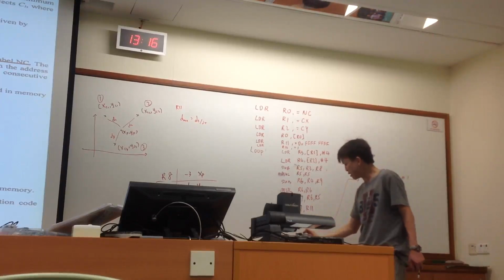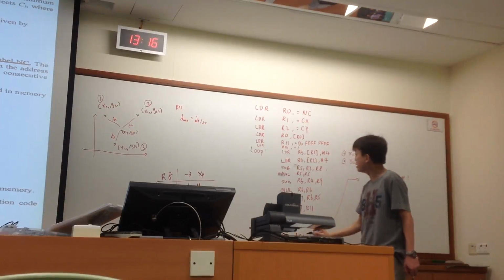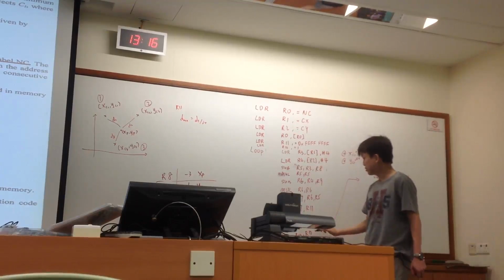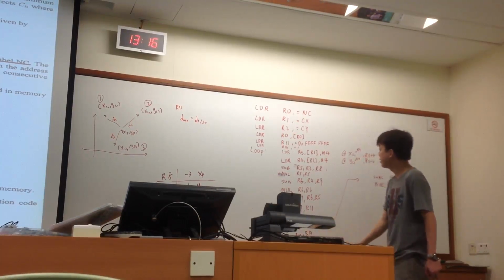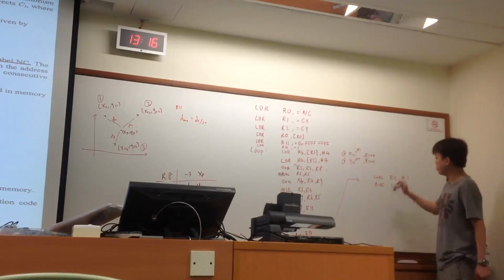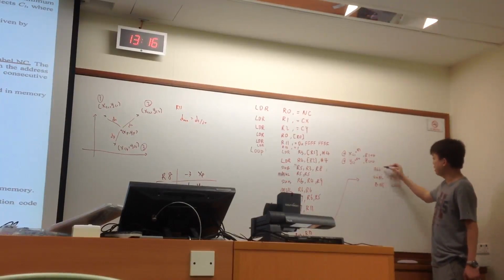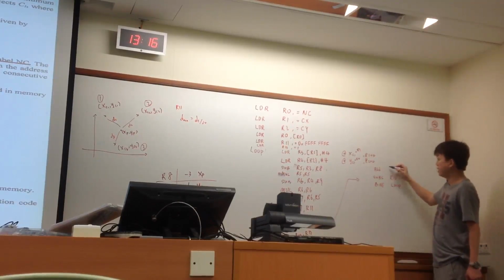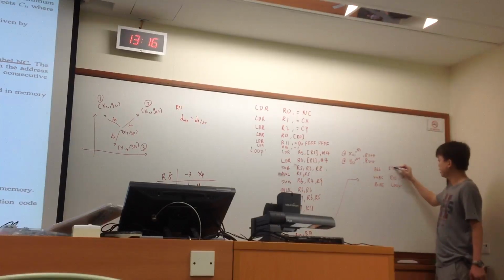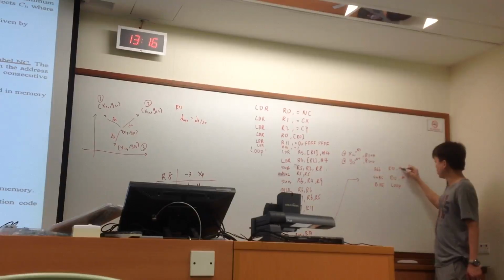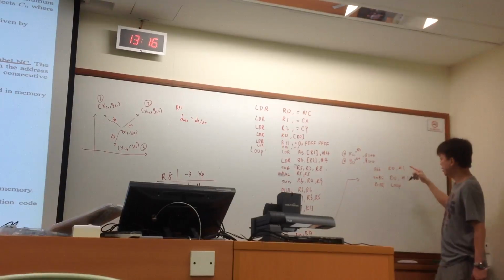Then this one, R12, move the R10. Then I need to ADD R10 equal to R10 plus 1, for the second object, third object.